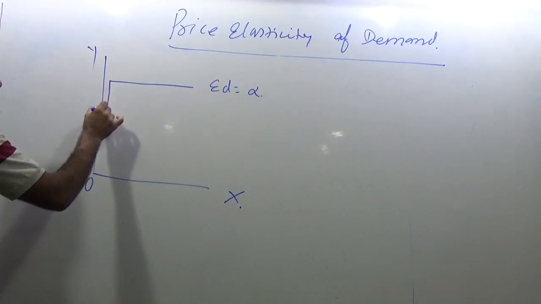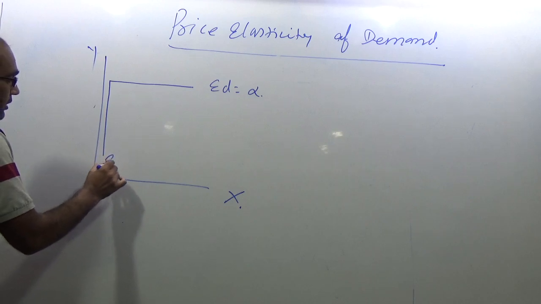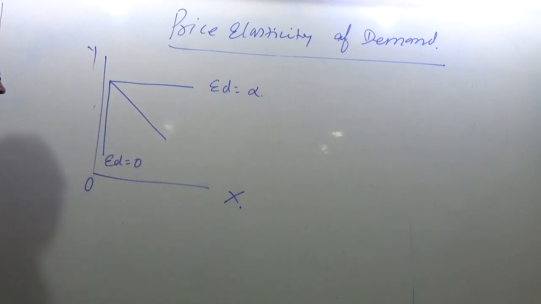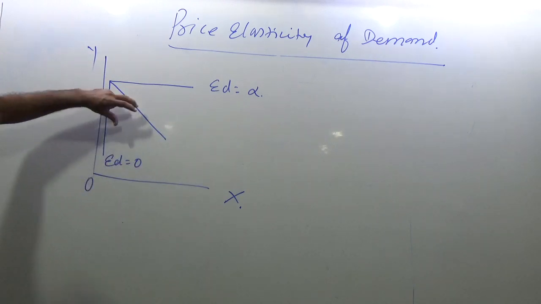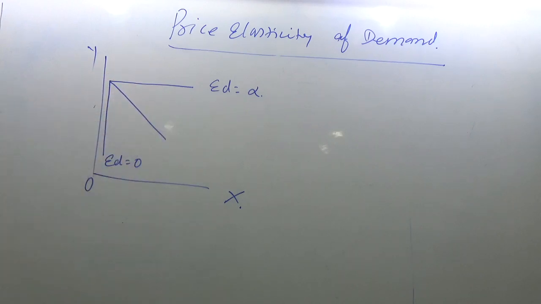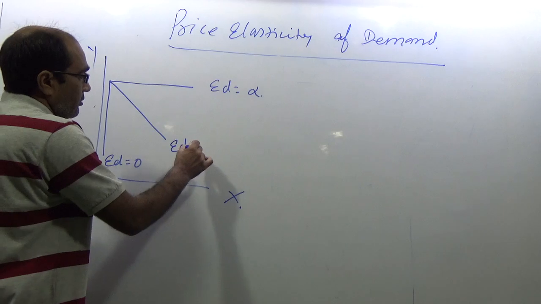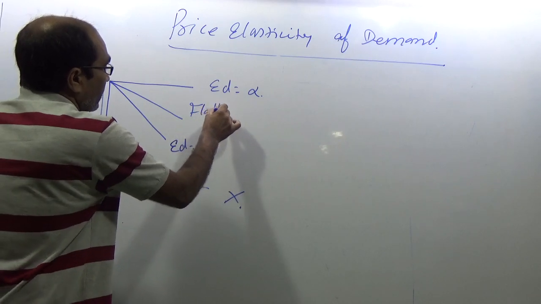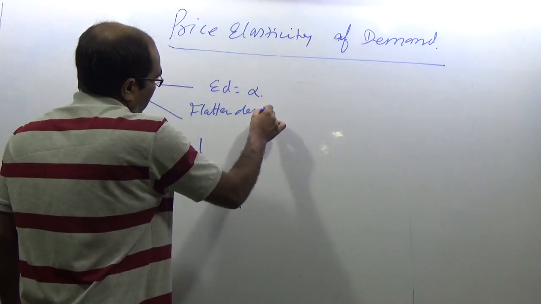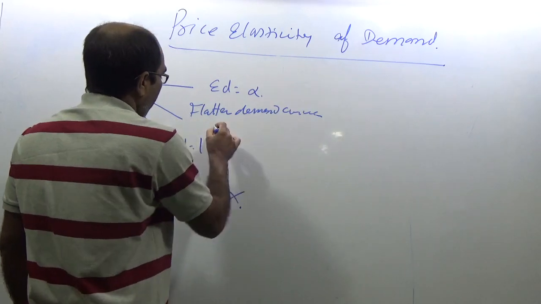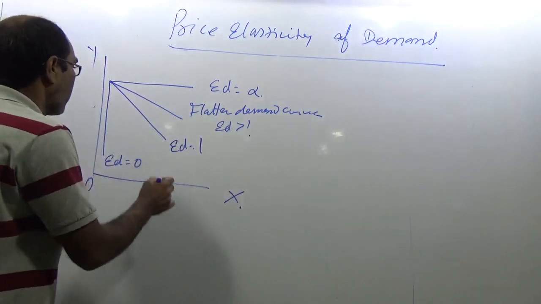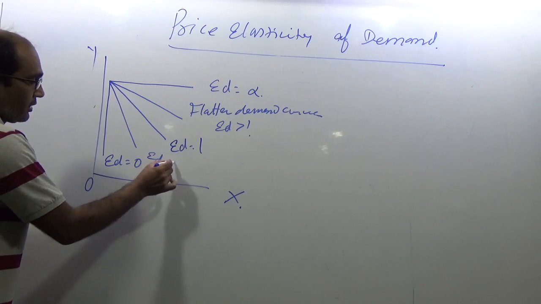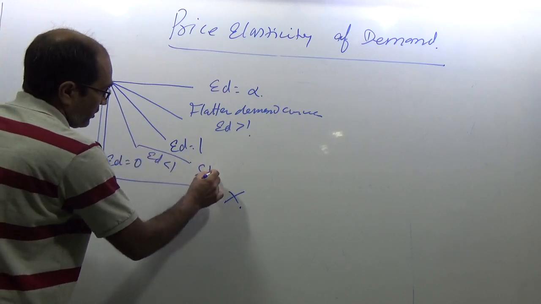For a vertical demand curve, ED equals 0. A demand curve that accurately divides the entire segment into two equal parts, ED equals 1. In between, for a flatter demand curve ED is greater than 1, and in between 0 to 1, ED is less than 1, the demand curve is steeper.